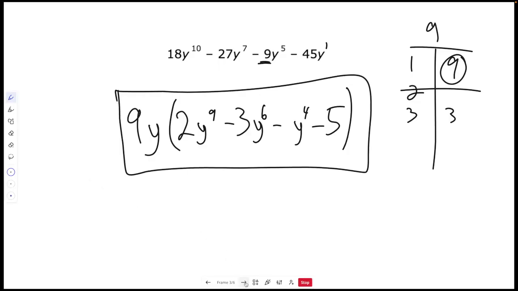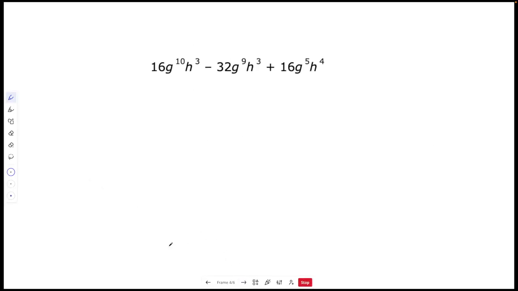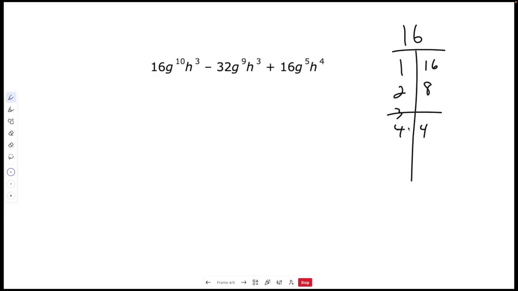Okay. All right, and for this last type of problem, which looks complicated, we're still going to follow the same rules. So let's look at the lowest coefficient, which is 16. Make our factor tree, 1 and 16, 2 and 8, 3 is a decimal, 4 and 4, and we're done because that repeats. And then we look for the lowest g, lowest h, right?